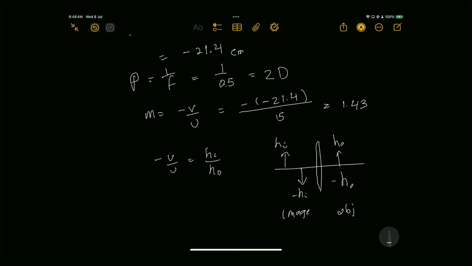Now, how can we correct this short-sightedness or myopia? A concave / divergent lens is put in front of the eye.